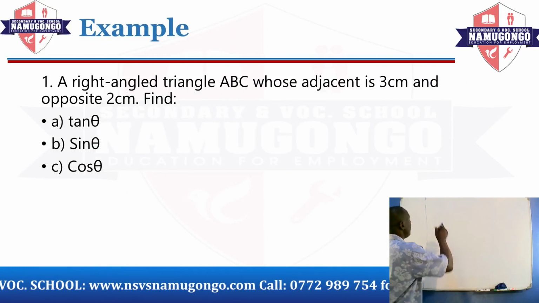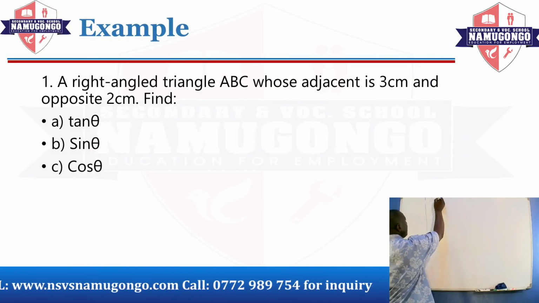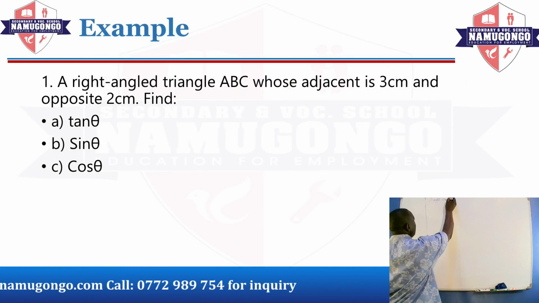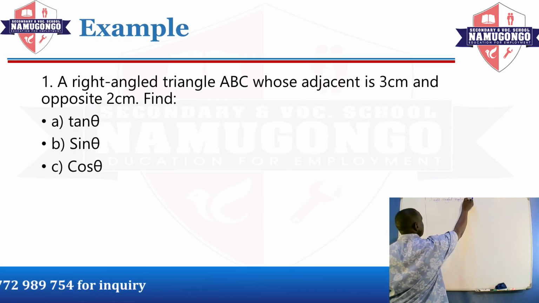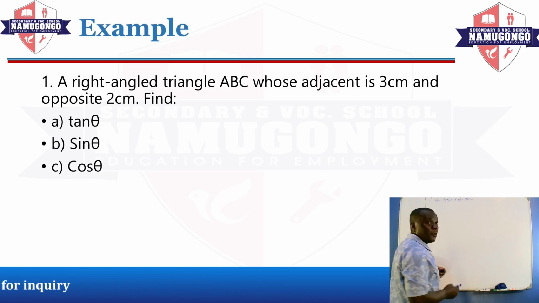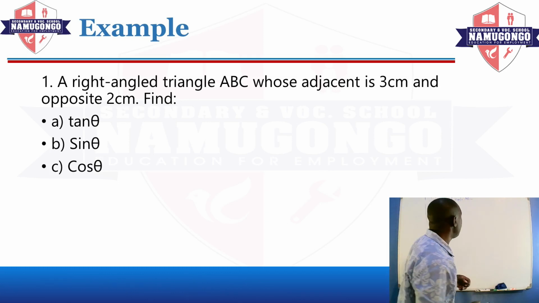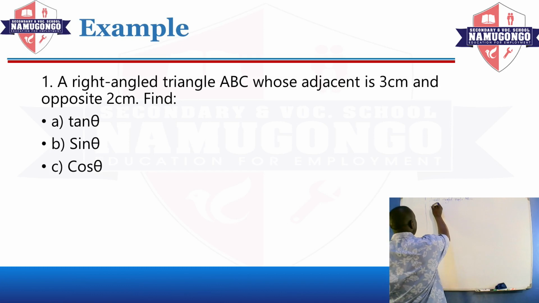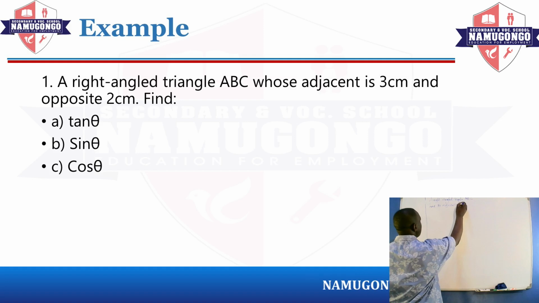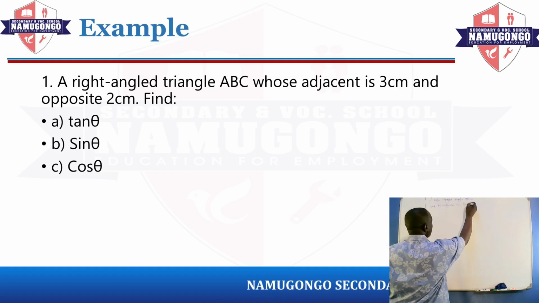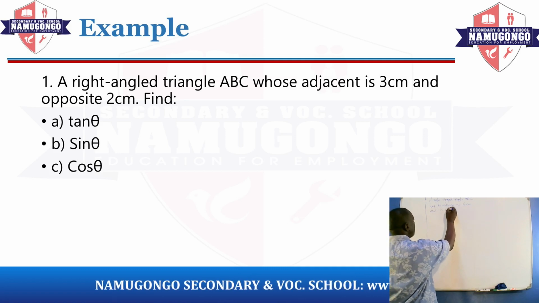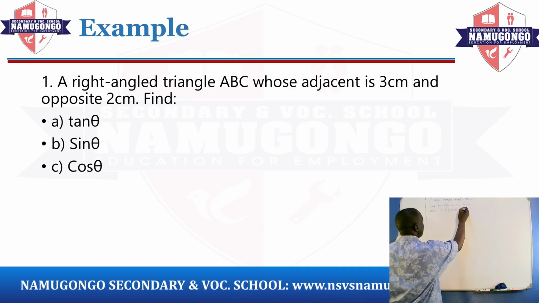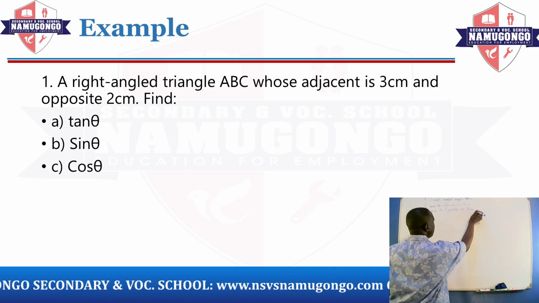We have a right angled triangle ABC, which has its adjacent as 4 centimeters and its opposite as 3 centimeters.